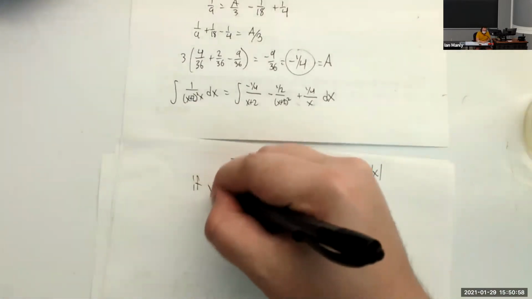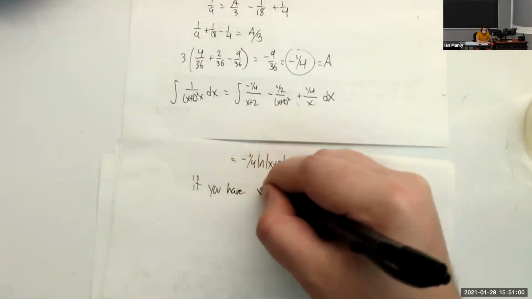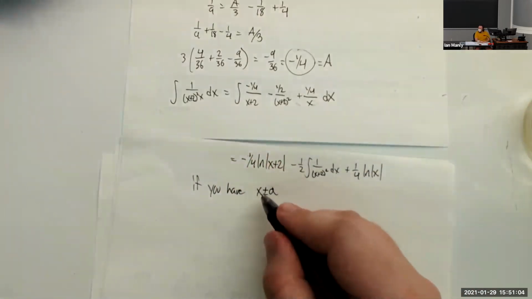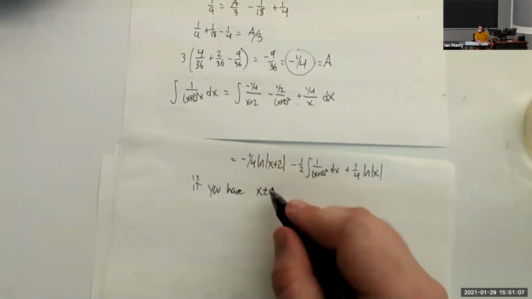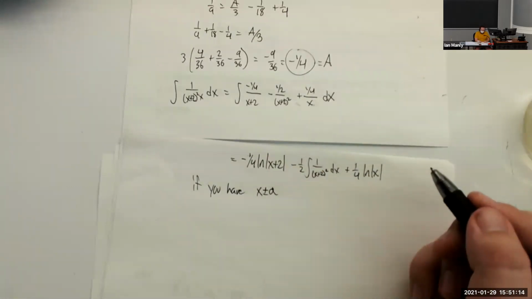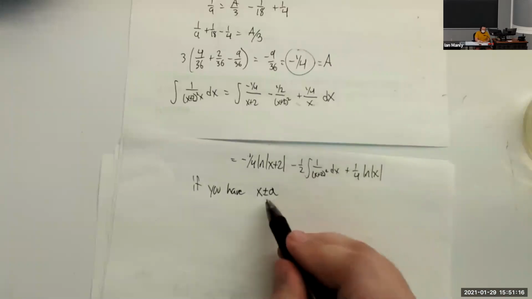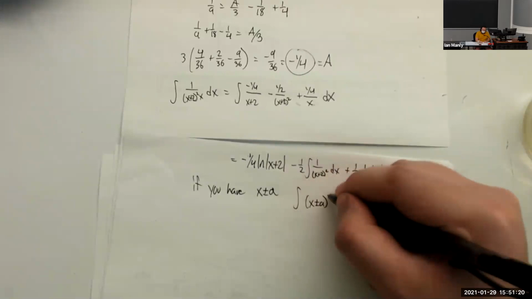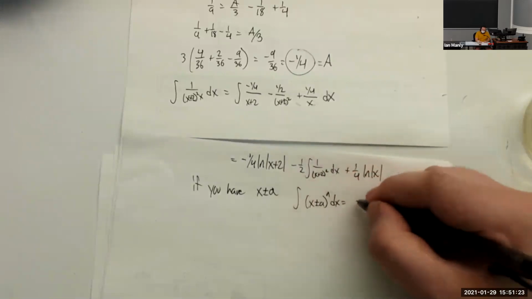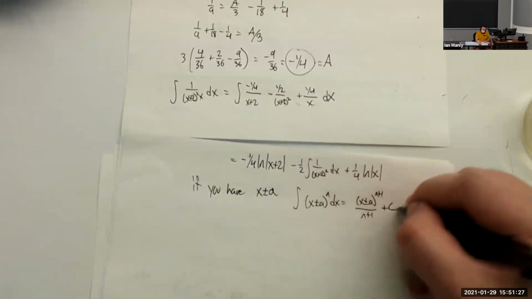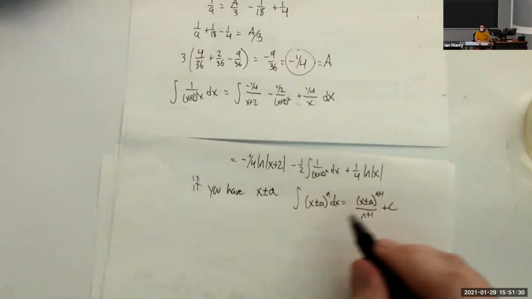There can't be anything in front of the x, but if you have just an x plus or minus a number, then the integral of x plus or minus a to a power n is x plus or minus a to the n plus 1 over n plus 1. So we can effectively treat this like it's one variable.